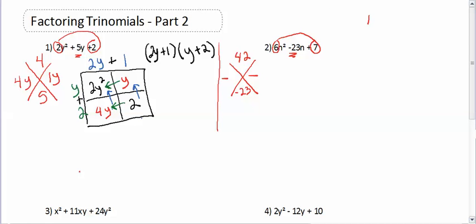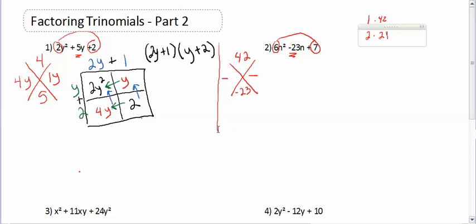So I would probably go 1 and 42. It gives me 42, but doesn't give me 23. 2 and 21. Oh, 2 times 21 is 42.